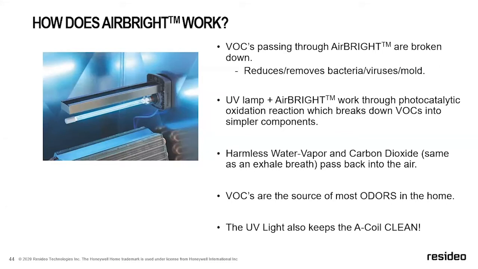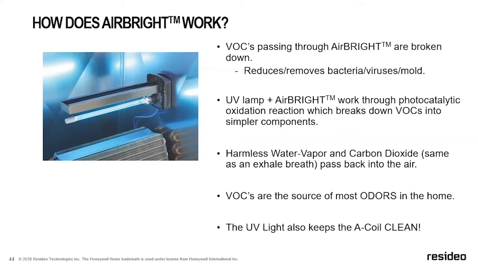then goes through your UV AIRBRIGHT system, which is that cell on top of the light. And it gets attracted to that catalyst. So it's a photocatalytic oxidation is how it works. These VOCs basically get sucked in and stuck inside that cell, and then the UV light breaks them down into harmless water vapor and carbon dioxide. So it's the same thing that we exhale and breathe. So it eliminates odors.